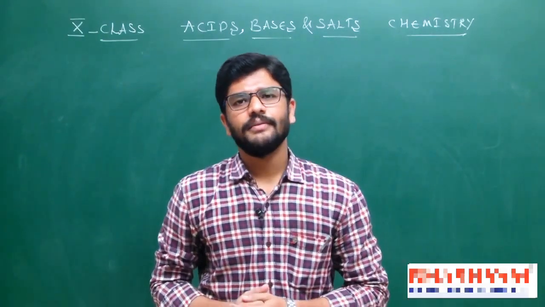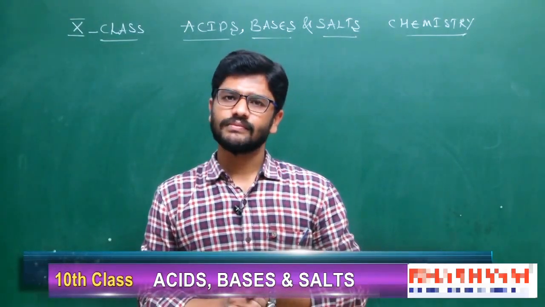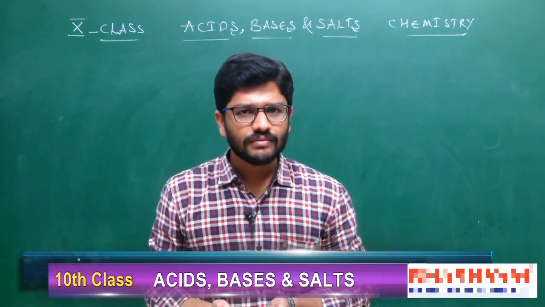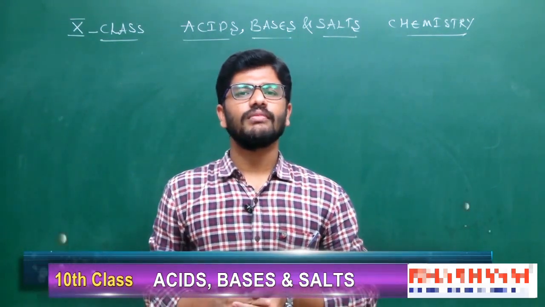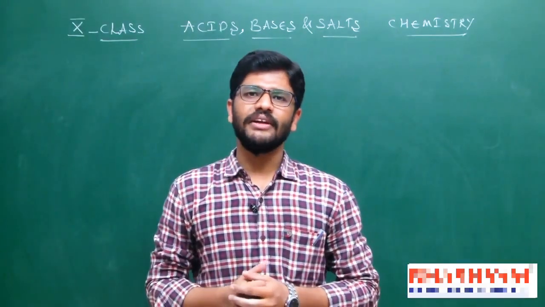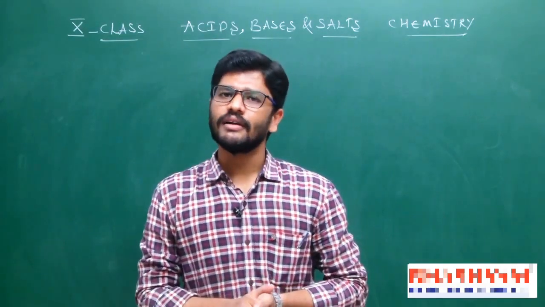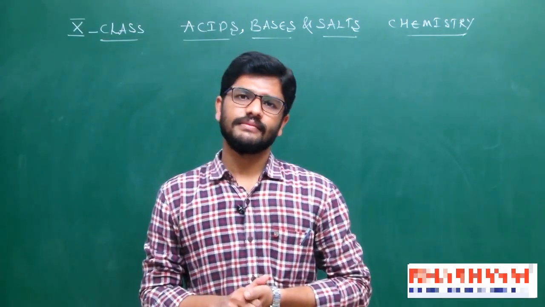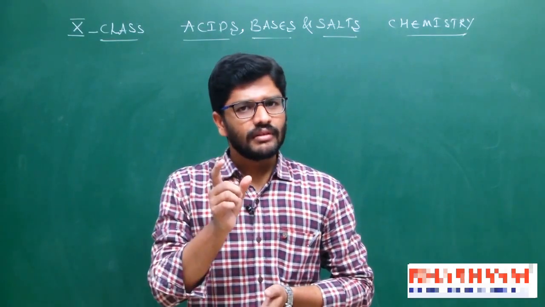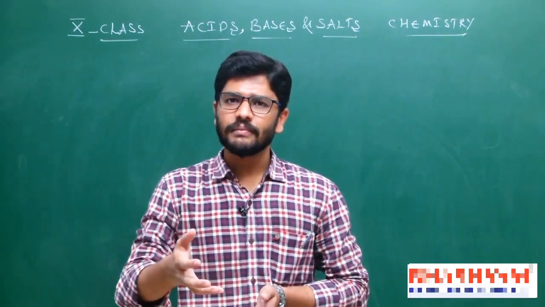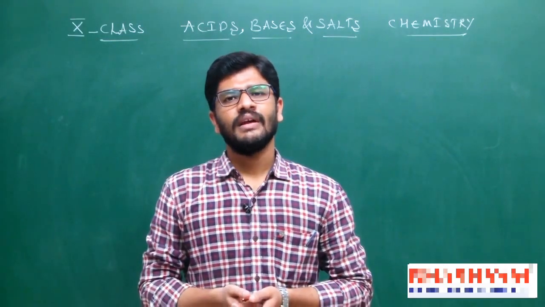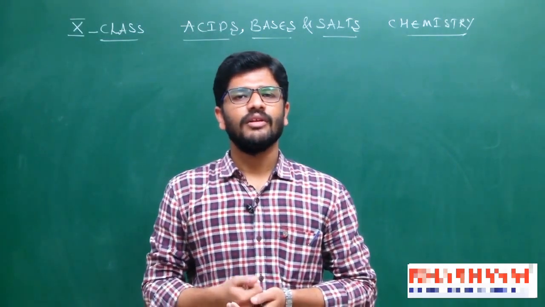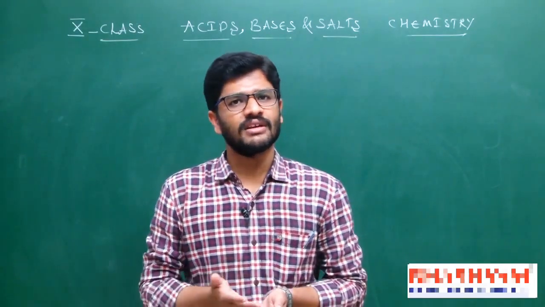Up to here, in this session, we have discussed universal indicators. How can we know the strength of acids and bases? By using universal indicators or pH indicator, by seeing different colors on the pH scale, based on that we can say it is strong or weak.